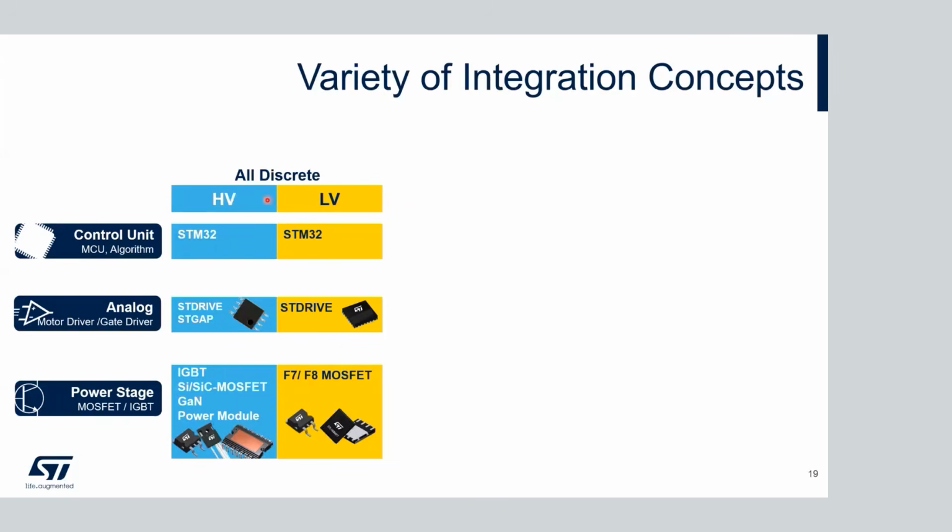Okay, so in the all discrete version, we have one package for the microcontroller, another package or packages for the gate drivers, and more packages for the power stage, which can be either IGBT, MOSFET, silicon carbide or silicon MOSFET, gallium nitride HEMTs, or a power module, which has only the switches, but not the driver, right? So that's why I consider that here as part of the all discrete.